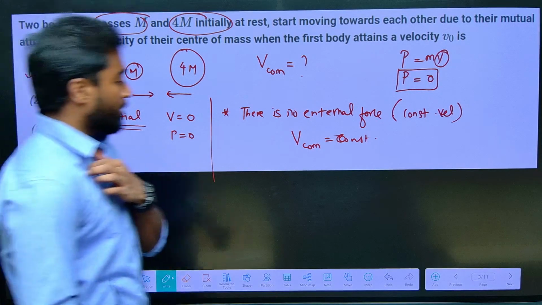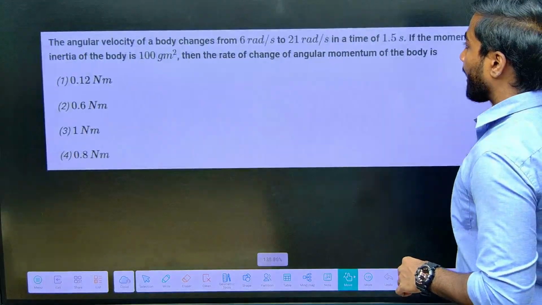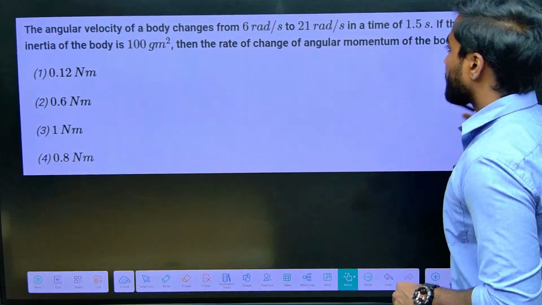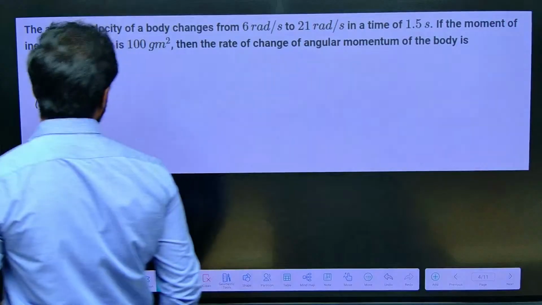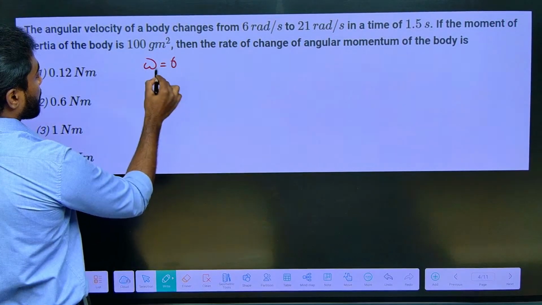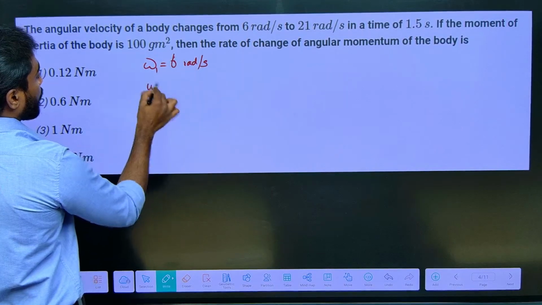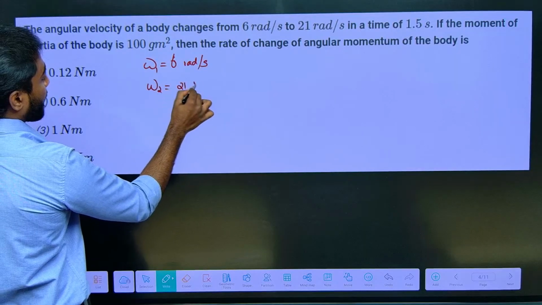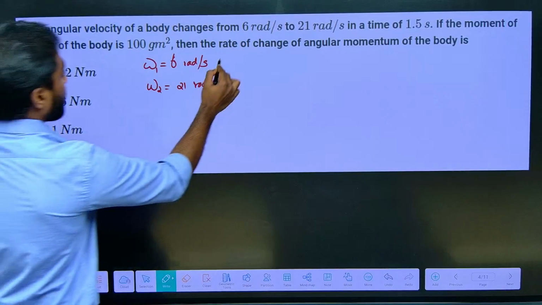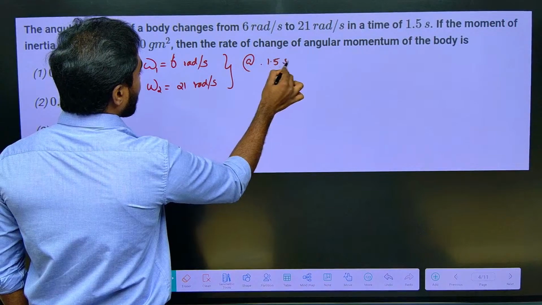Okay, so the next question: the angular velocity of a body changes from 6 radians per second, initially omega is equal to 6 radians per second, to omega 2, which is 21 radians per second, in time 1.5 second.